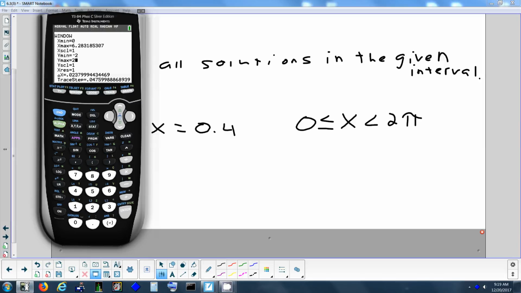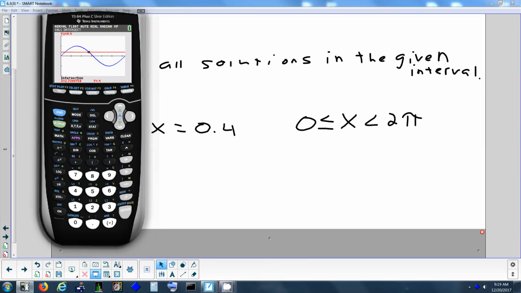That's good enough. We'll hit graph. And now we have to find basically where the two graphs on the screen do what? Gracie? Where they intersect. Can someone remind me, how do we do that? How do we find an intersection? Rebecca? Second calc. Second calc, yep. Intersect.